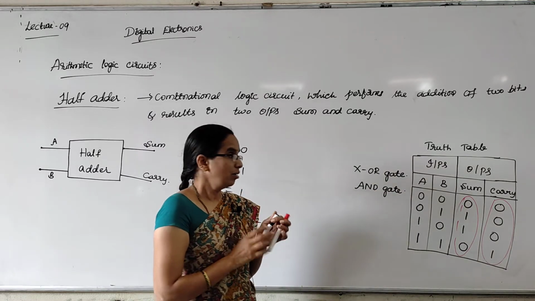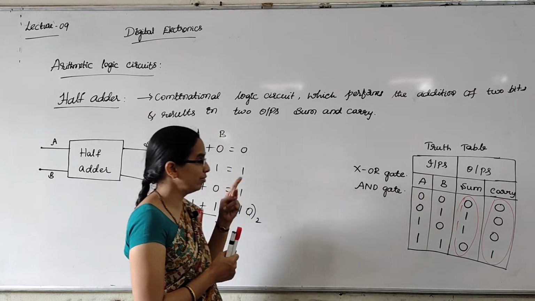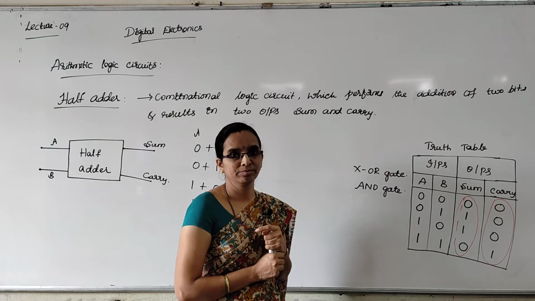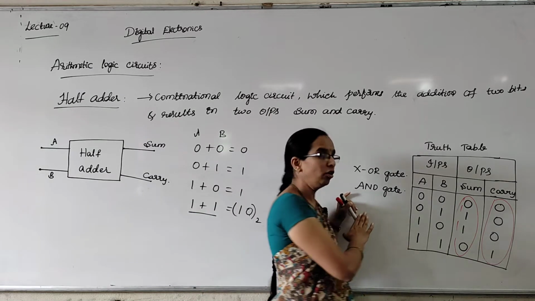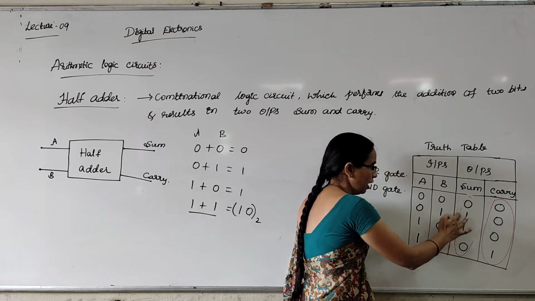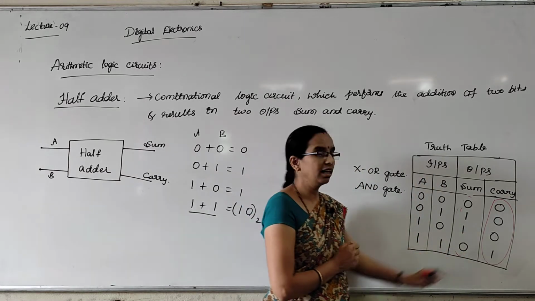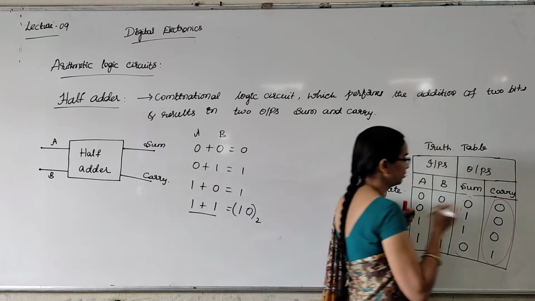So for constructing the half adder logic circuit, we require an XOR gate and an AND gate. Also, if you can't remember the outputs and can't tell which gate it is by looking at the output, no problem. I will tell you one more method.